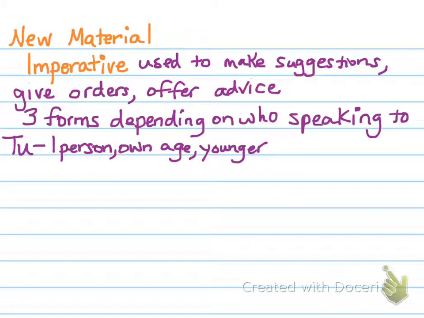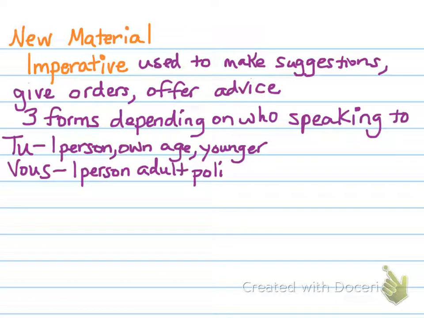So that's the tu form. There is the vous form. And this, just like vous typically has, 2 different kinds of uses. I can use this with one person who's an adult, and I'm being polite. This is also the plural form. So, for example, when I say répétez, s'il vous plaît, I'm using the imperative, the vous form, because I'm talking to all of you, the entire class.